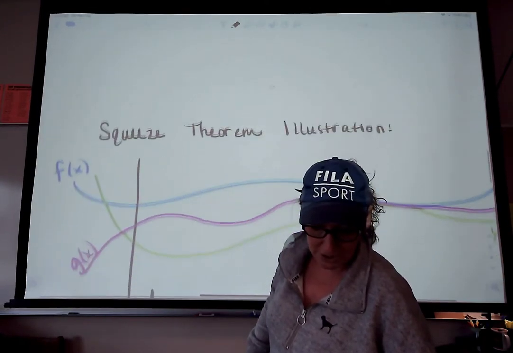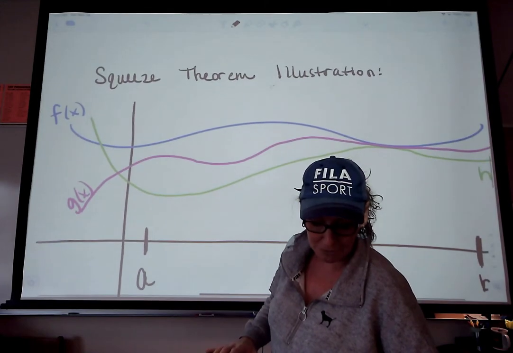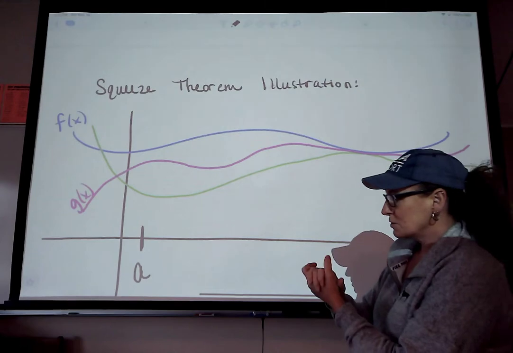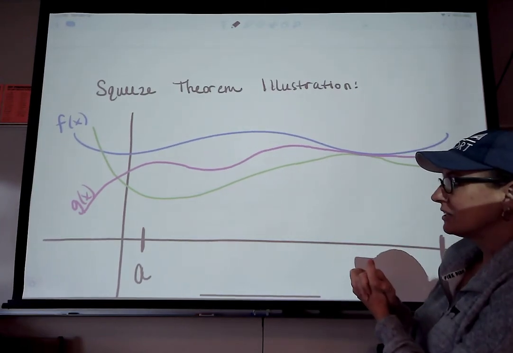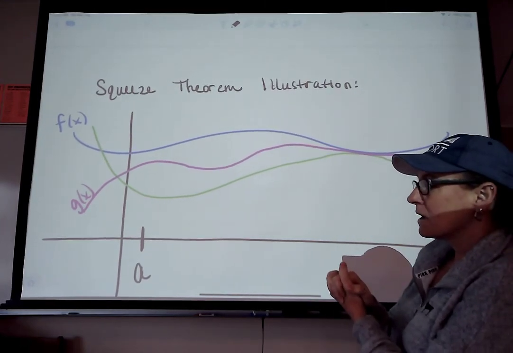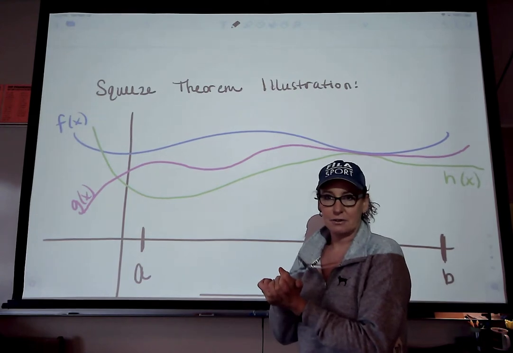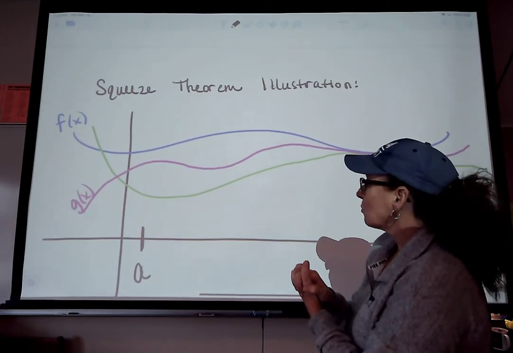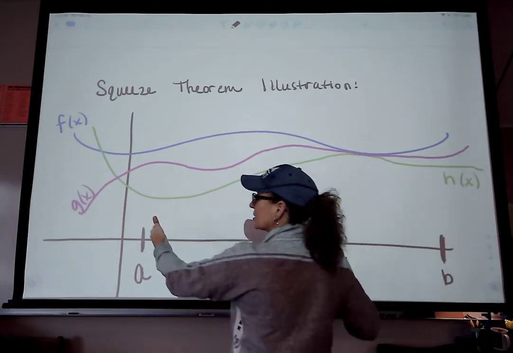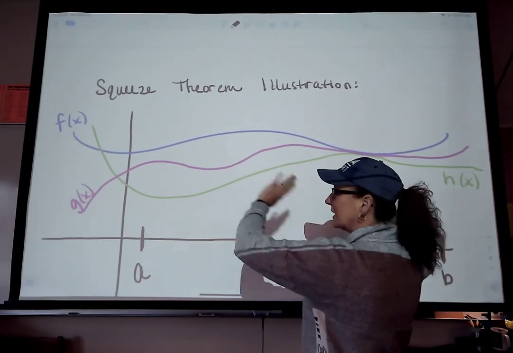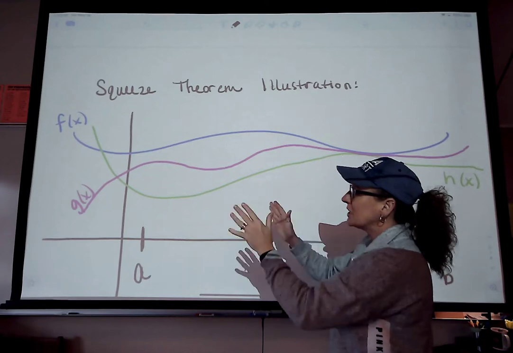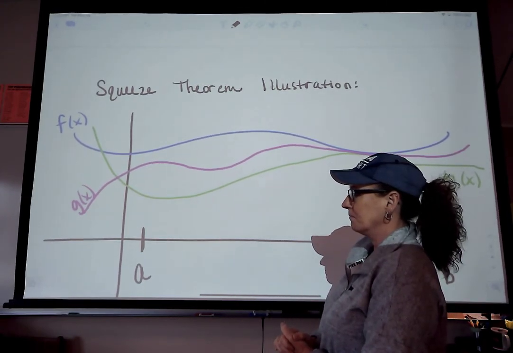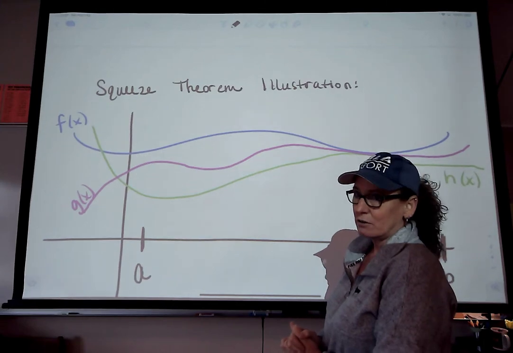So I first want to give you a picture of what squeeze theorem kind of looks like. Suppose we are looking at the pink function. The pink function is kind of what it's all about. We're looking at the pink function just between a and b, not everywhere. Take a look at the pink function. We don't know what its y values are.